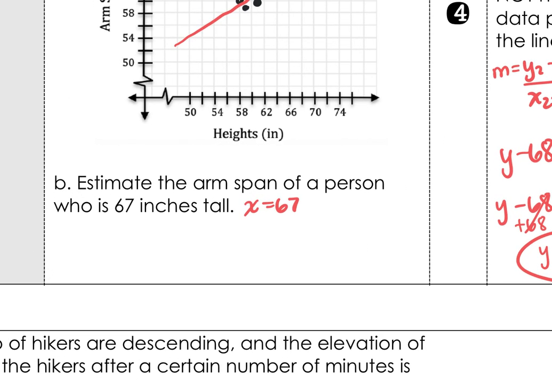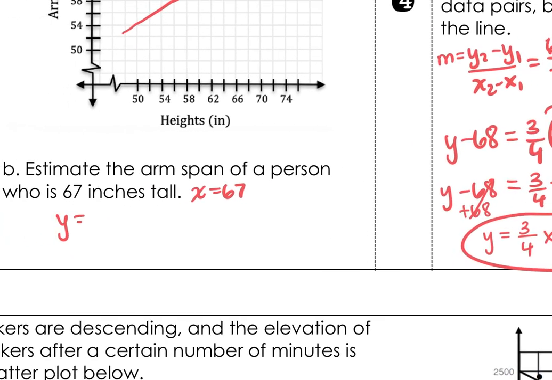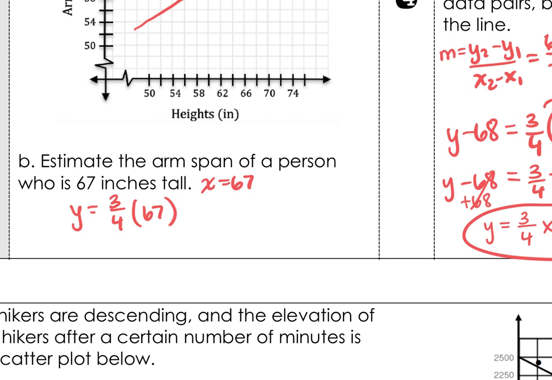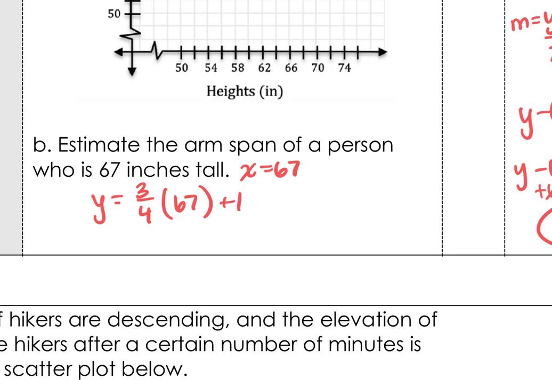So this would be y equals 3/4 times the 67, which might not be beautiful, but when we multiply that, and then add, this gets us 50.25, and then we're going to add the 15.5.